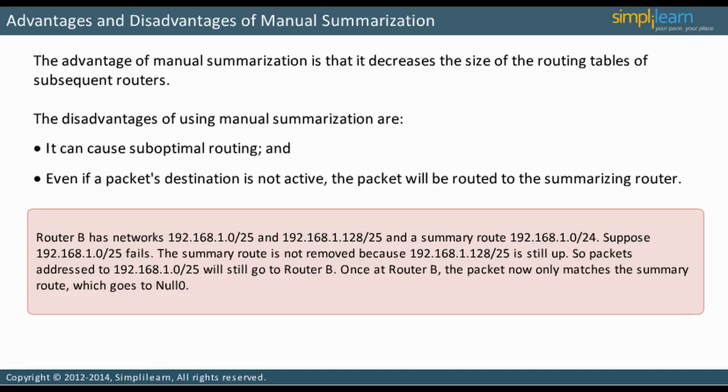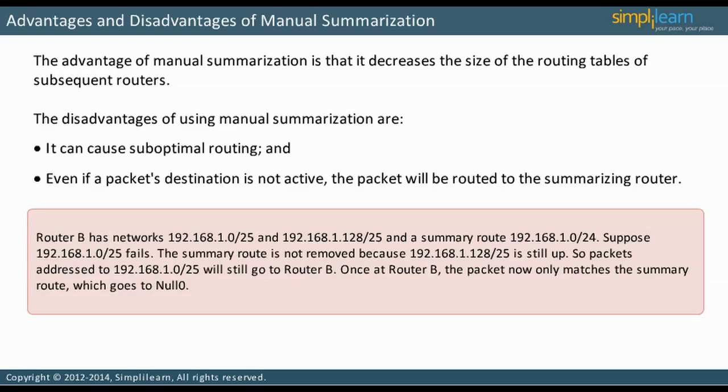The summary route is not removed because 192.168.1.128/25 is still up. So packets addressed to 192.168.1.0/25 will still go to router B. Once at router B, the packet now only matches the summary route, which goes to null 0.